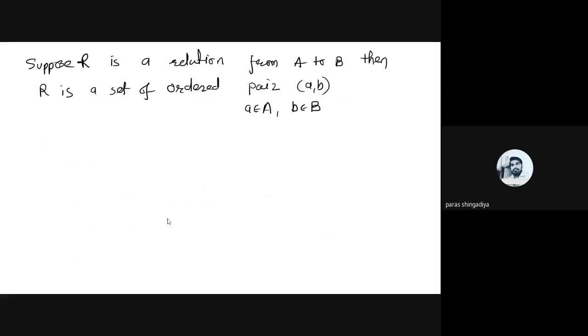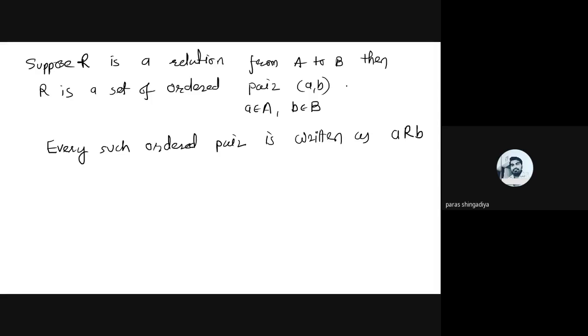Of the elements of A and B, every such ordered pair, how can we write this? It can be written as aRb.